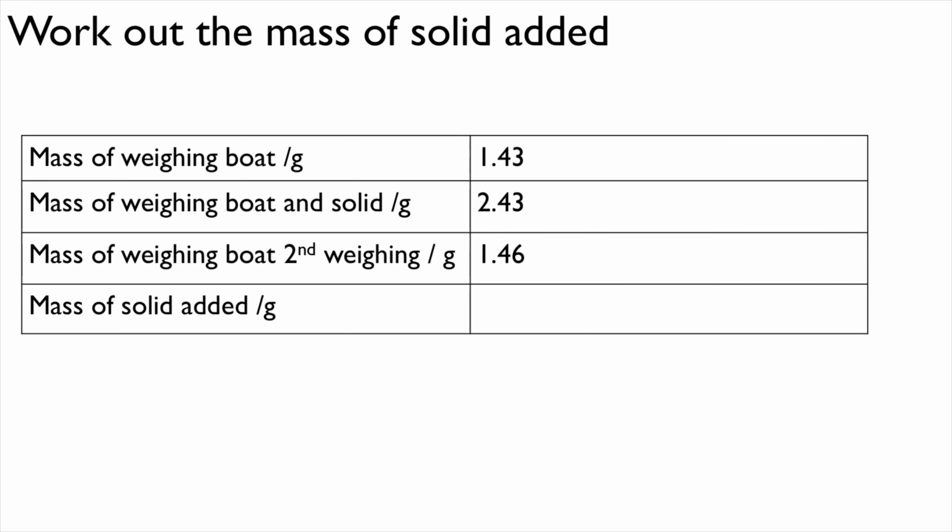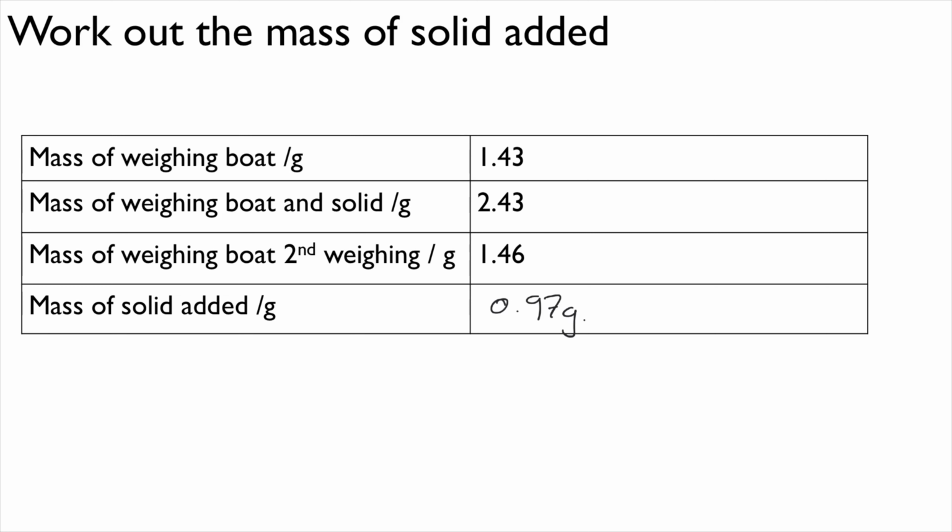So how can we work out the mass of solid that we've transferred? This is how you might record your results. The mass of the weighing boat is 1.43 grams. The mass of the weighing boat and solid is 2.43 grams. The mass of the weighing boat, the second weighing, is 1.46. So to work out the mass of solid, you need to do 2.43 minus 1.46, which is 0.97 grams.